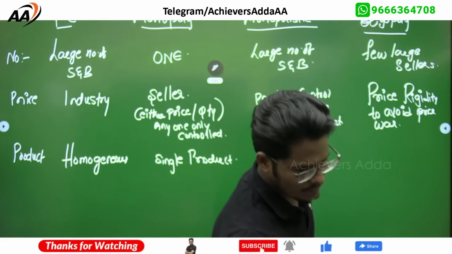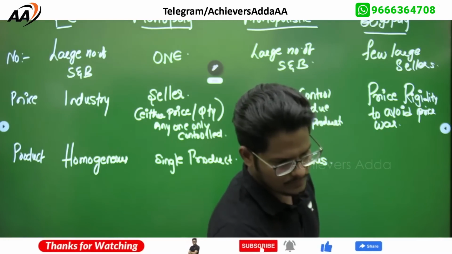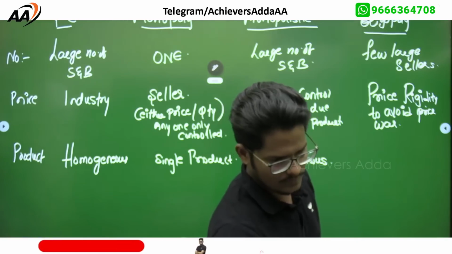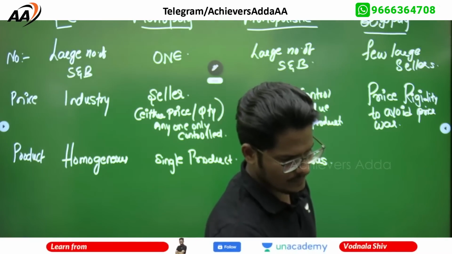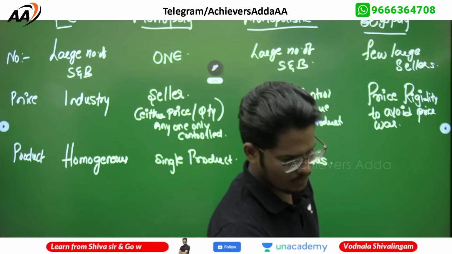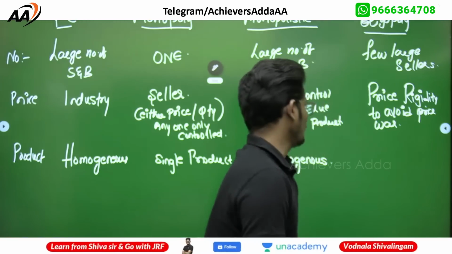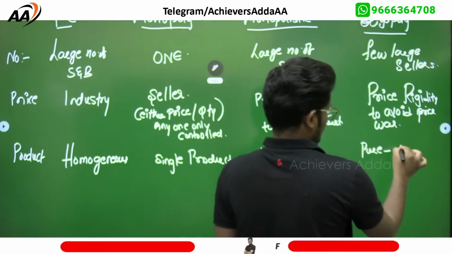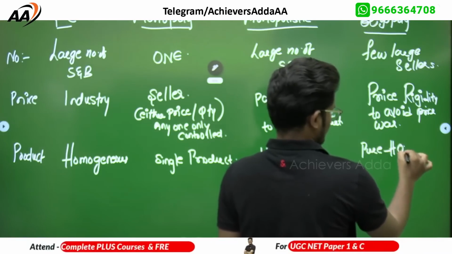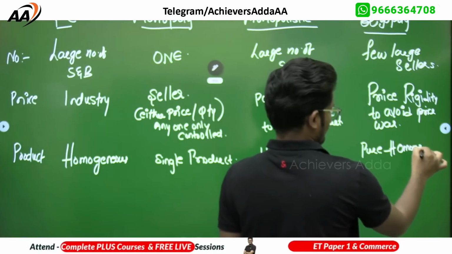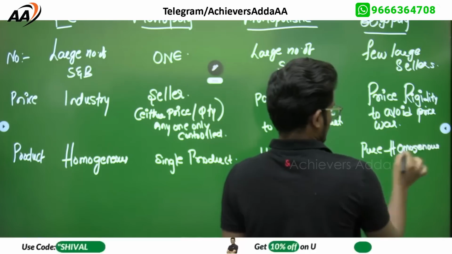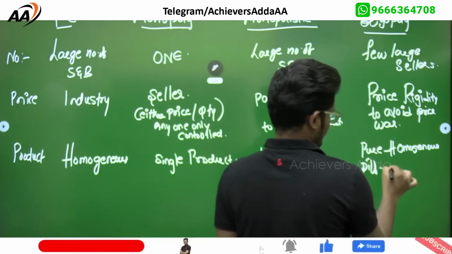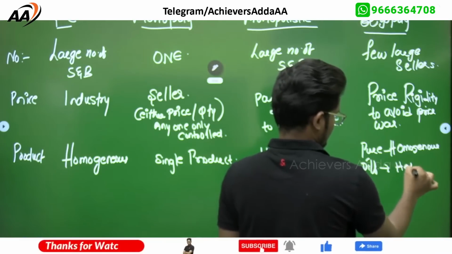In pure oligopoly, homogeneous. In differentiated oligopoly, heterogeneous.